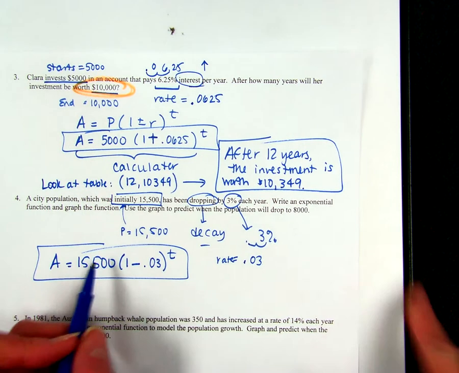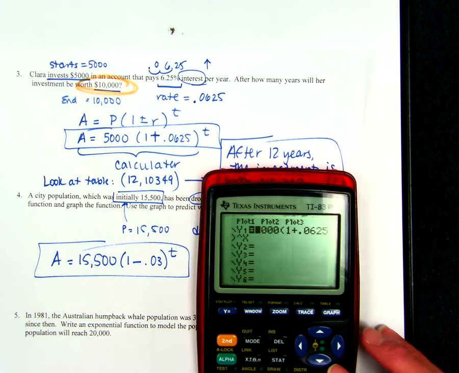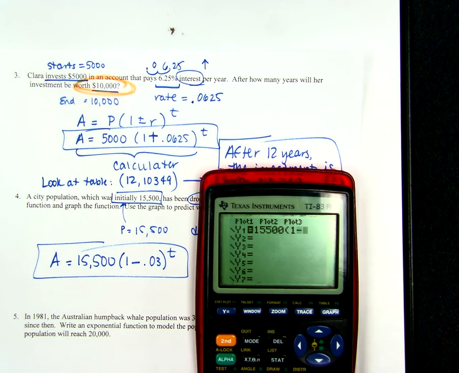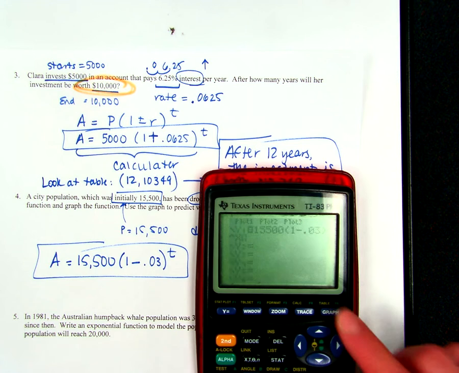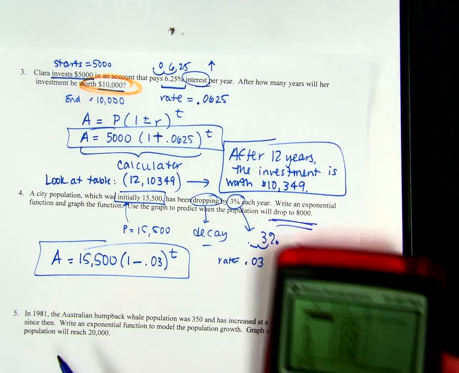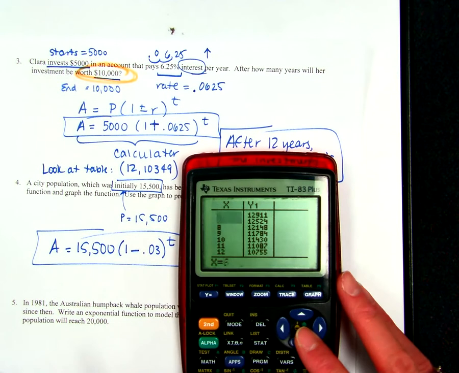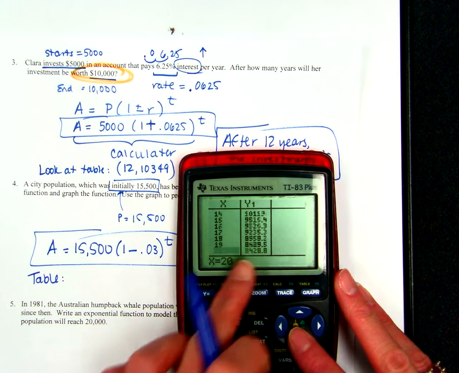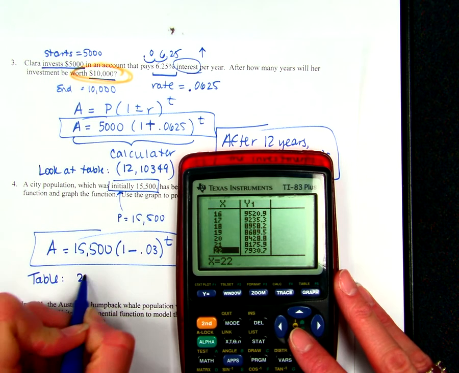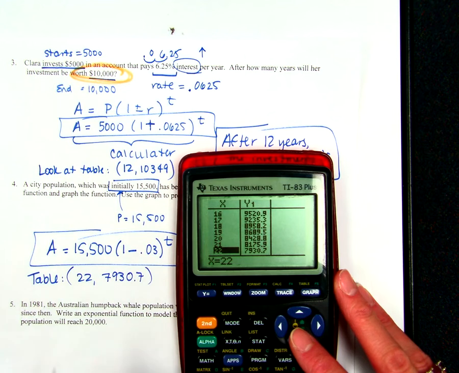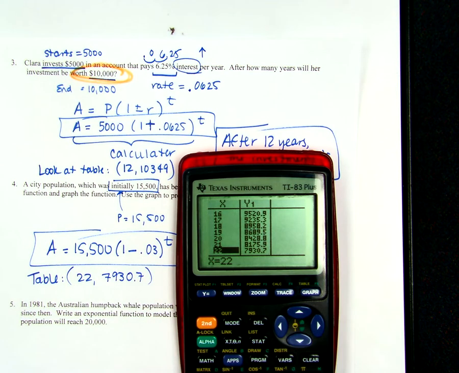All right, so now I'm going to go to my table. Sorry, I've typed in my equation. 15,500, 1 minus 0.03 to the x, and then I'm going to look at my table, and I'm looking for when is it going to drop to 8,000. So I need to look at when does the y column go below 8,000. So if I look at 22, 7,931, that tells me what it's going to be.